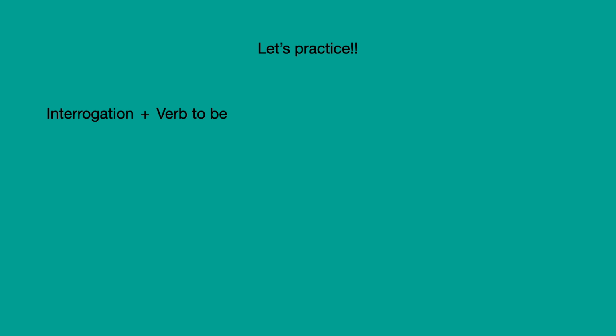Of course, we are going to use the verb to be that we were using in our previous class as well. So you're going to select the verb to be plus the indefinite or definite article, which we were practicing as well, plus a noun or an adjective. So you have to find a noun and an adjective.